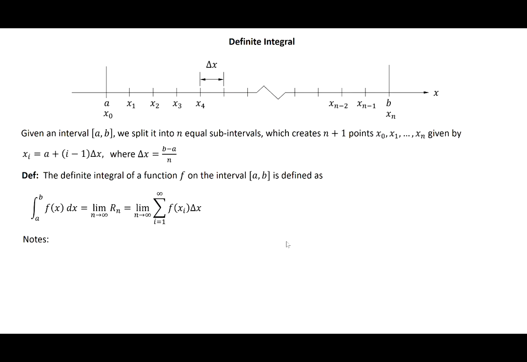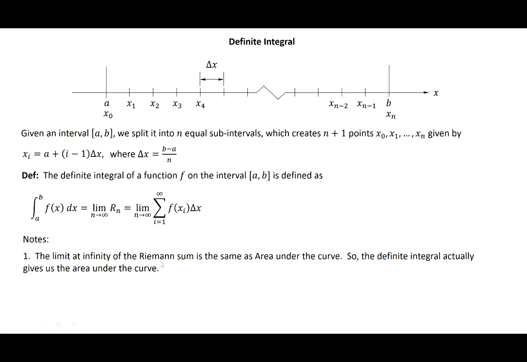But the thing is, the limit at infinity of the Riemann sum, we saw that was exactly the same as the area under the curve, right? So what is this definite integral doing? Well, guess what? It also gives you the area under the curve. Okay, area under what curve over what interval? Same as before.